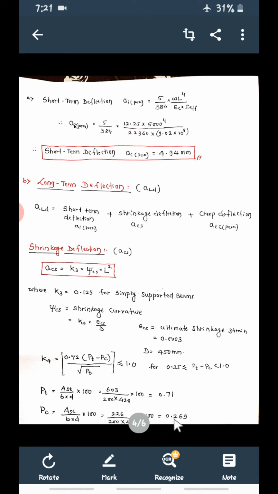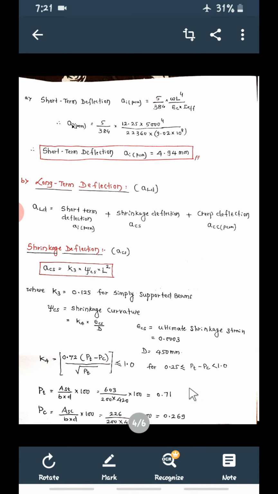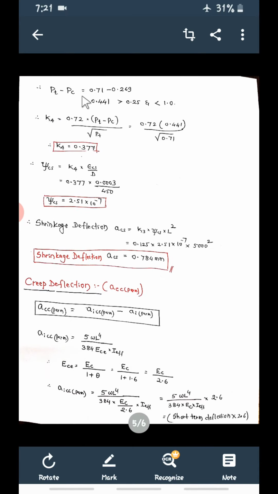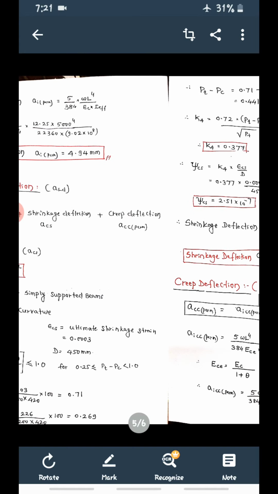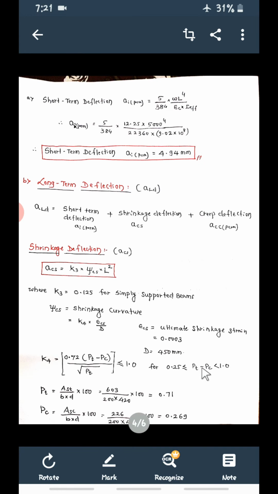So PT is 0.71 and PC is 0.269. Check PT minus PC: 0.71 minus 0.269 is 0.441, which is greater than 0.25 and less than 1. So this formula holds good for calculating K4.